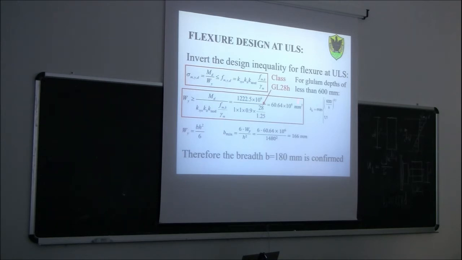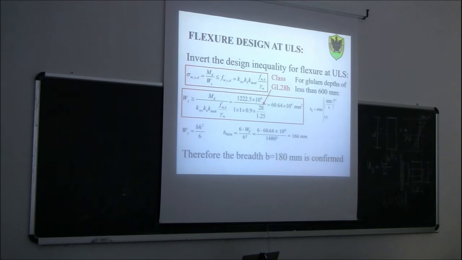And just remember again that in the end, you cannot have a continuous variation of your cross section. Just as I'm saying, you could also have a cross section which is 166 millimeters wide. In order to do so, the producer would basically produce a beam which would be 180 by 1480, and then cut down 12 millimeters in order to get 166.